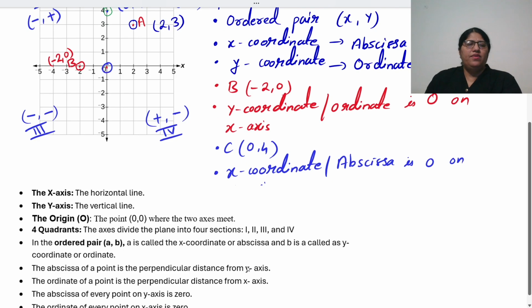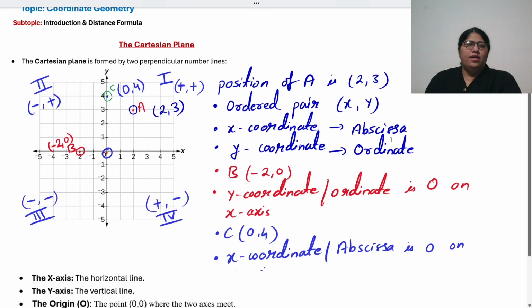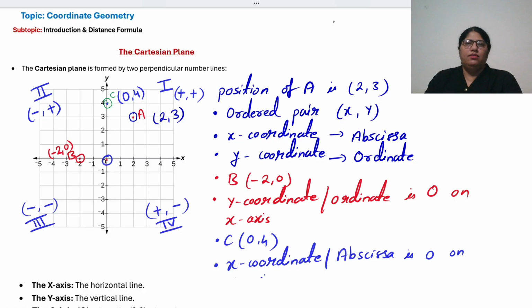You have to remember that whenever we take any ordered pair, it's always written as (a, b), which we have seen. Now, what is the meaning of abscissa? Abscissa is the perpendicular distance from the y-axis. These two pointers sometimes come in MCQs, multiple choice questions.